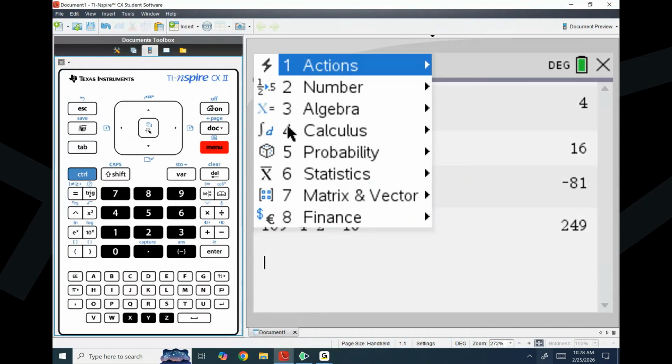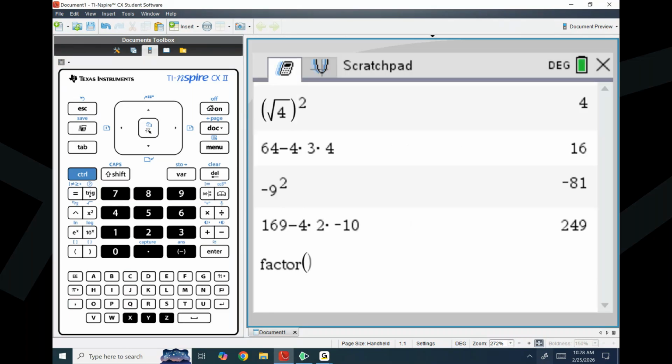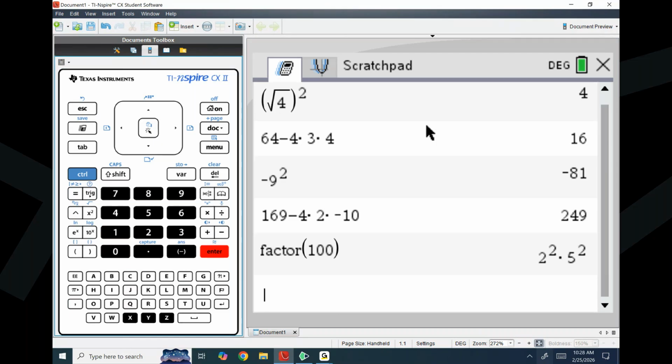If you go menu, number, what do you see there that might be useful? Factor. If you put a number in like 100, look what it does. It breaks it down for you.